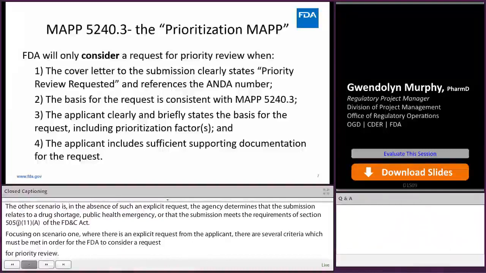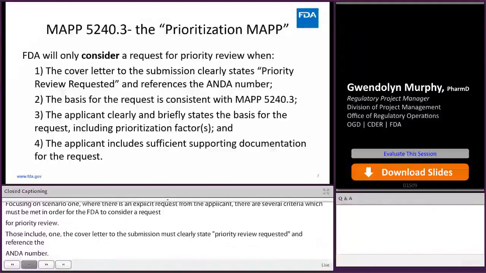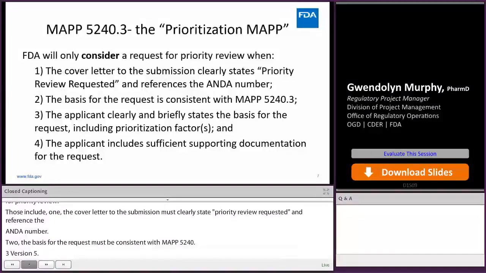The basis for the request must be consistent with MAP 5240.3, version 5. 3. The applicant must clearly and briefly state the basis for the request, including prioritization factors. And 4, the applicant must include sufficient supporting documentation for the request.